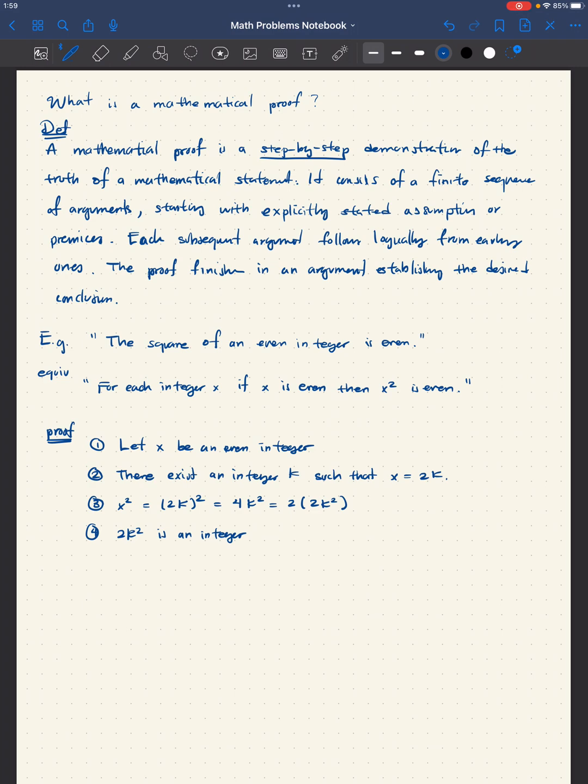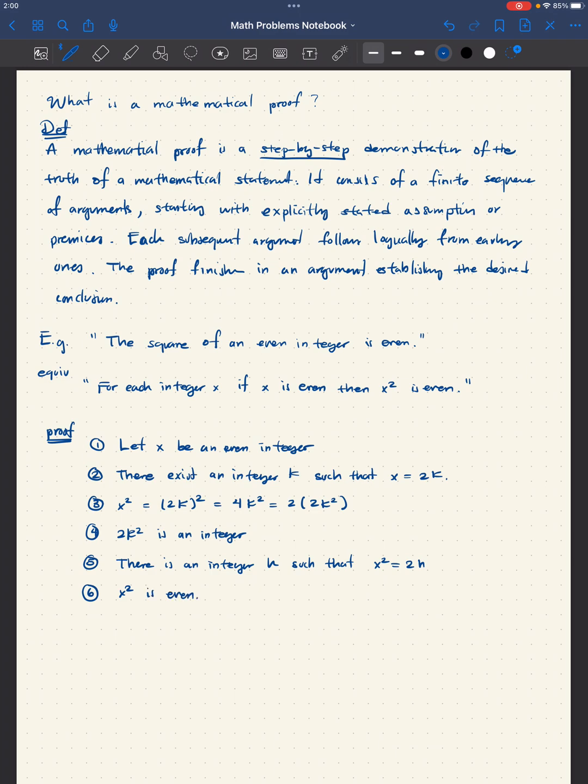That means that x squared is even. The conclusion is that indeed x squared is even.